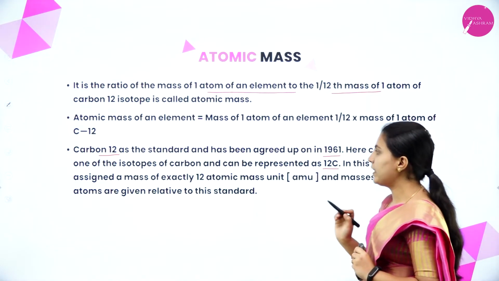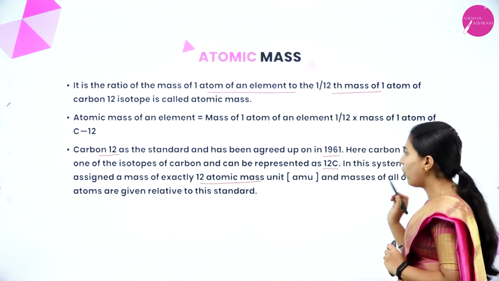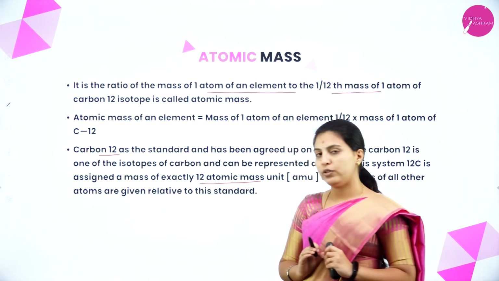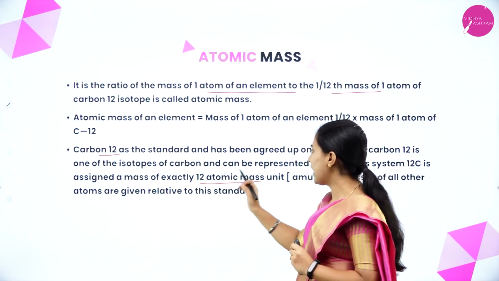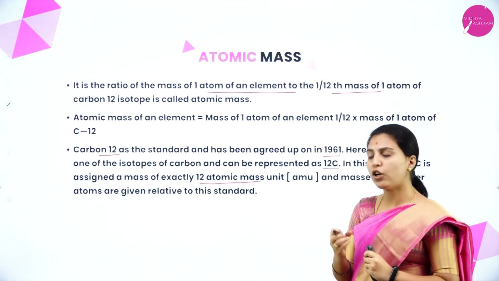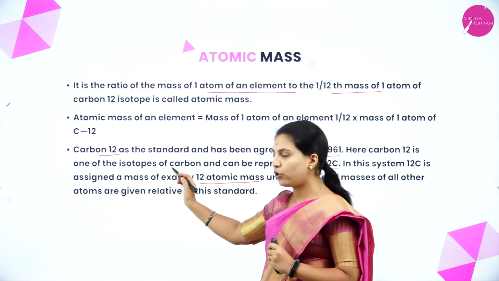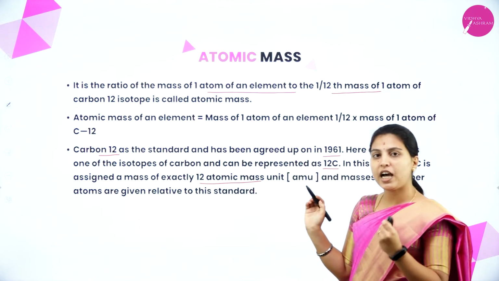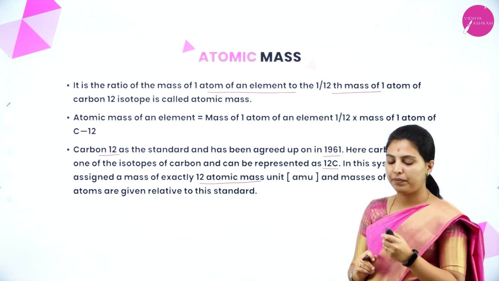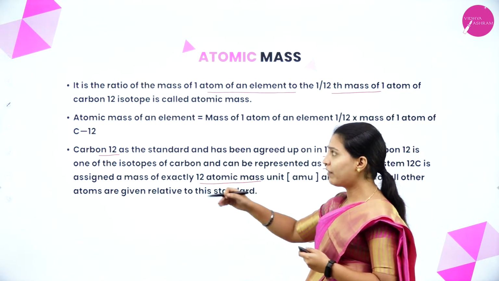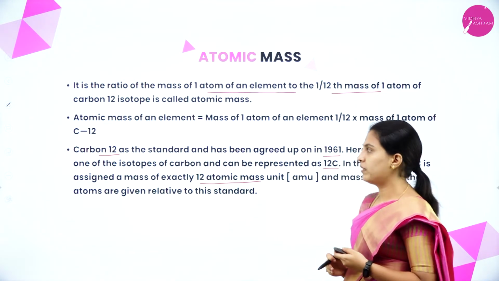In this system, 12C is assigned a mass of exactly 12 atomic mass units, that is amu, and the masses of all other atoms are given relative to this standard. The reason they have given carbon-12 is that it is exactly assigned 12 atomic mass units. Carbon-12, the isotope of carbon, should be the standard, and it was agreed in the year 1961. Using this standard only, they have found out all the atomic masses of the elements.